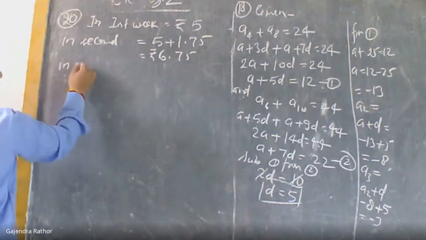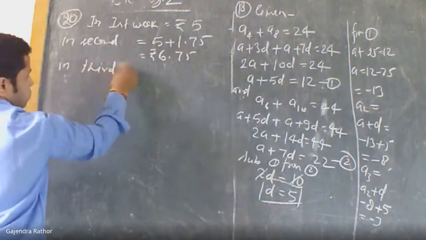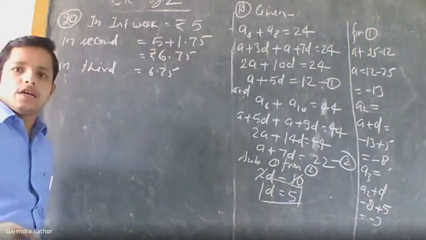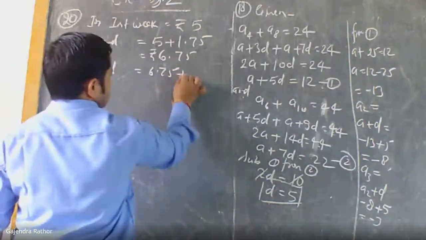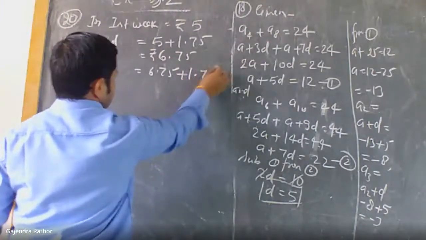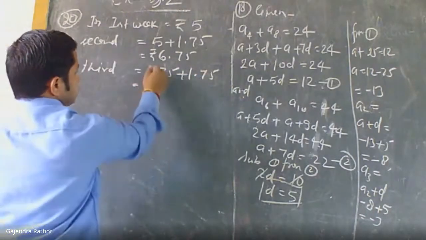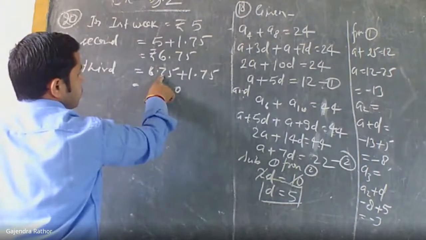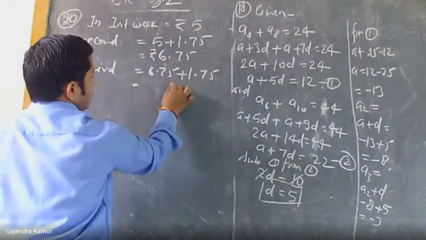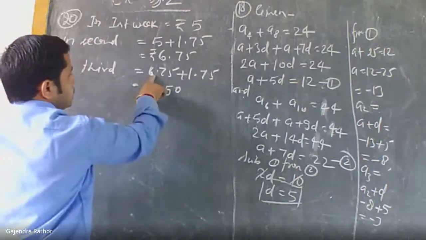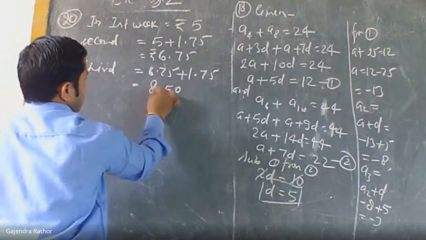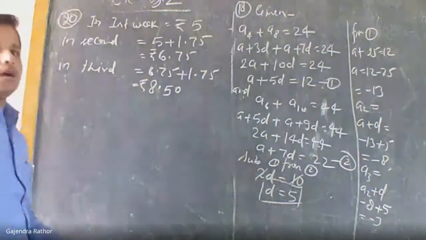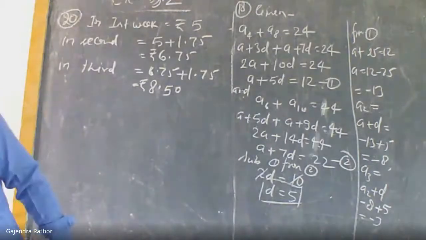Now in the third week, again 6.75 plus the increase of 1.75. Add it: 5 and 5 is 10, 0 carry 1; 0 plus 8 is 8, plus 7 is 15, 5 carry 1; 6 plus 1 is 7, plus 1 is 8. So rupees 8.50 is the saving in the third week.